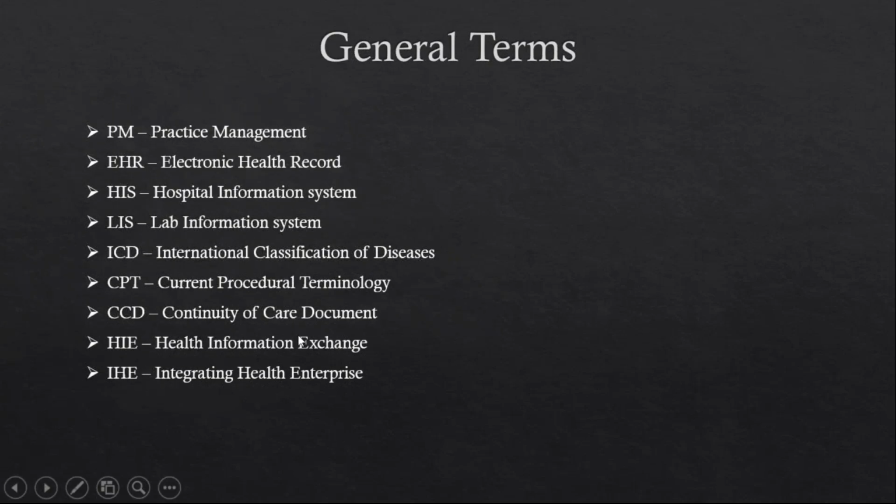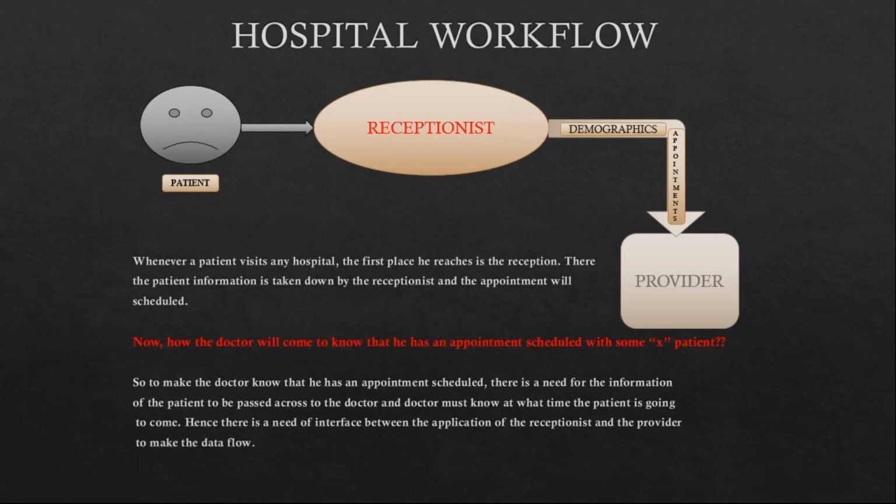We have covered these terms: what is PM, EHR, HIS, LIS, and all of these things. I'll be jumping into the next slide now. The reason why I cover hospital workflow is that whatever we are going to learn will always refer back to it, which is entirely about the ecosystem within a hospital and also with some laboratories.